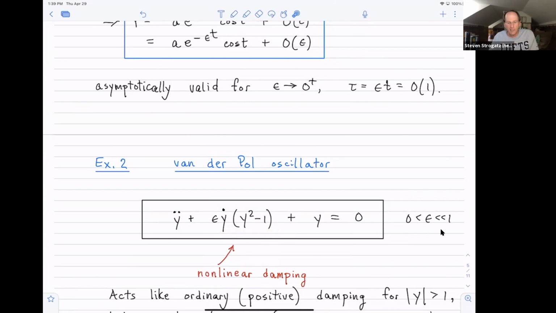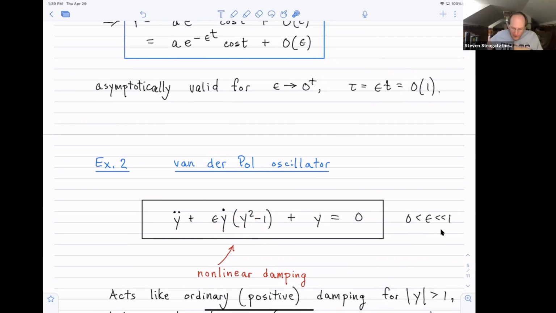So I say nonlinear because of this y squared times y dot term. That's a nonlinear term, right? That's cubically nonlinear in y. And that makes it impossible to write down a closed form analytical solution for this.